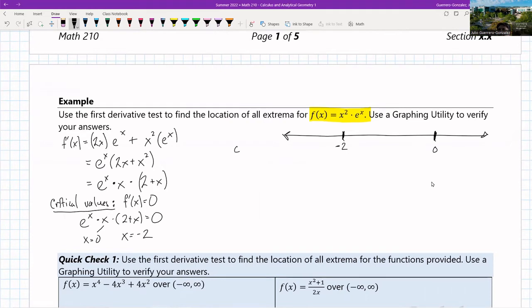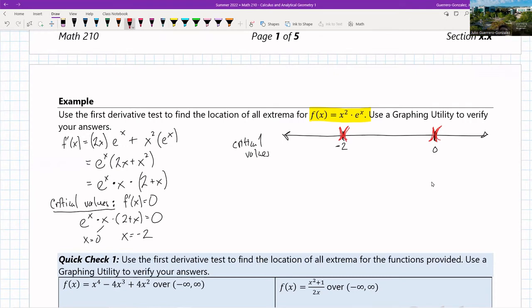So I'm going to put here on the left-hand side a label to denote that I'm doing critical values, right? So I'm going to divide up the x-axis, right? I'm going to divide up all real numbers into these intervals right here. There's going to be from -infinity to -2, -2 to 0, and then from 0 to positive infinity. Okay.